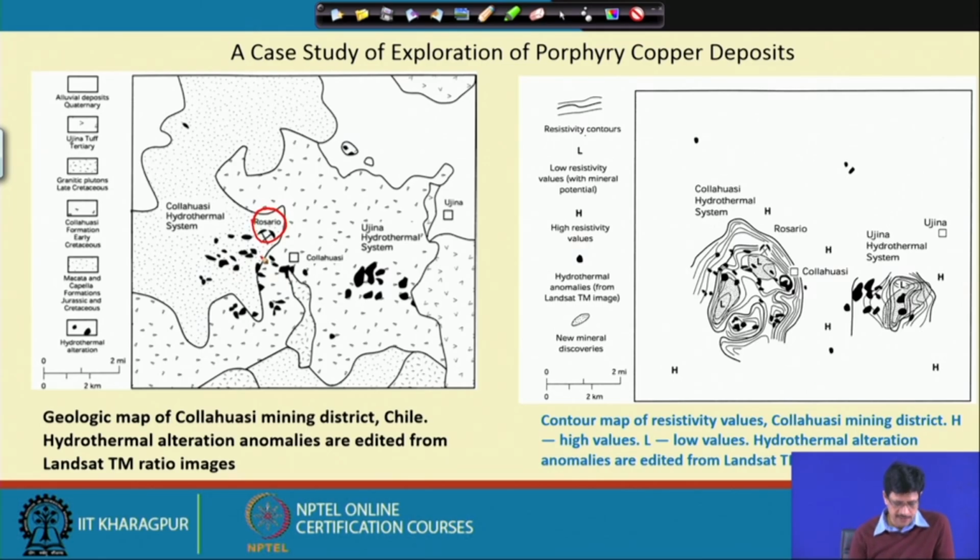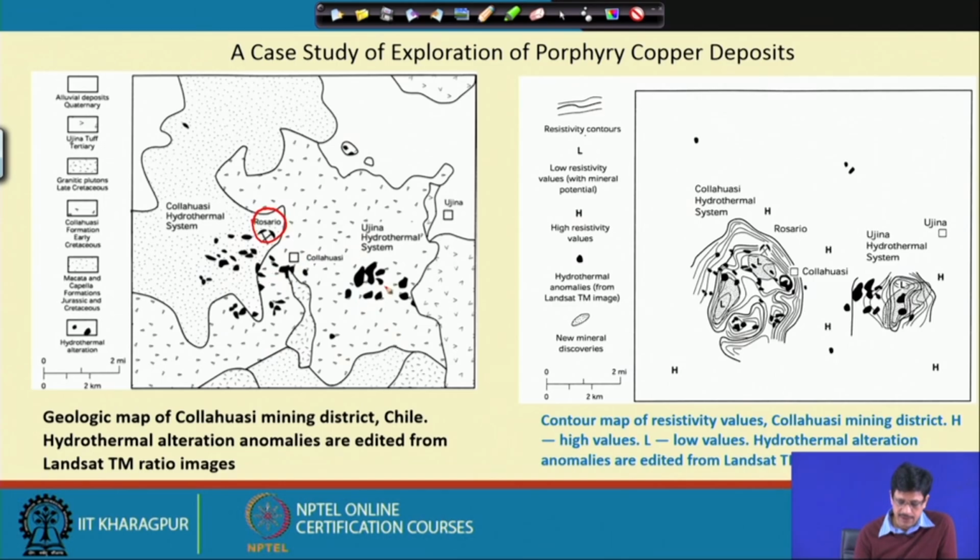It is actually the Collahuasi mining district in Chile where the hydrothermal alteration anomalies are plotted. These black alteration zones shown here are actually inferred from Thematic Mapper imagery, by taking band ratio images and plotting them.